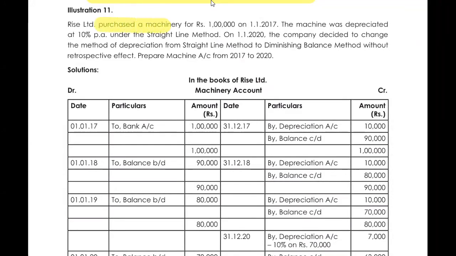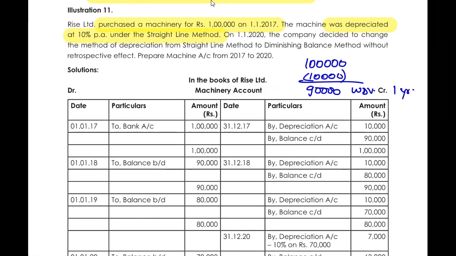Rise Limited purchased a machine of 1 lakh on 1st of January 2017. The machine was depreciated at 10% per annum as per the straight line method. So, as per the straight line method, in the first year the depreciation should be 10,000 rupees. The balance after the first year would be 90,000.